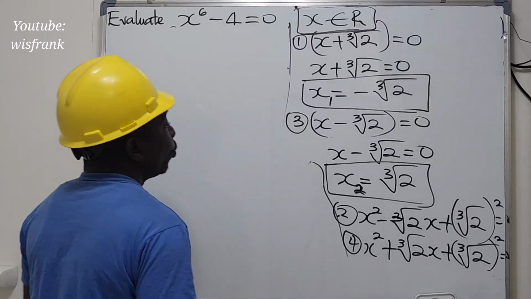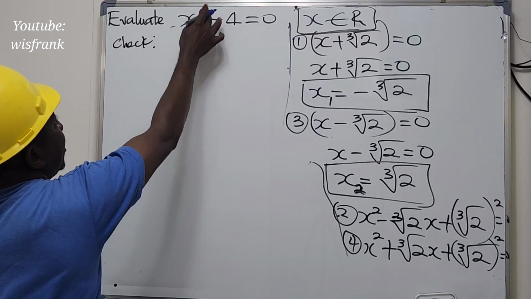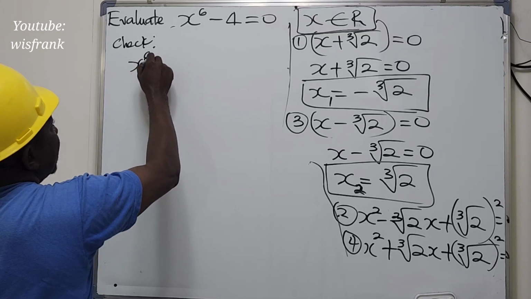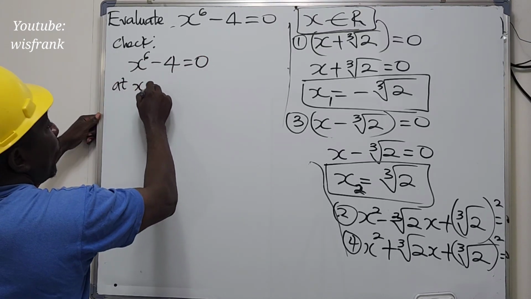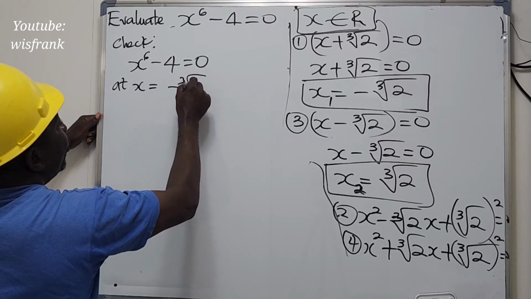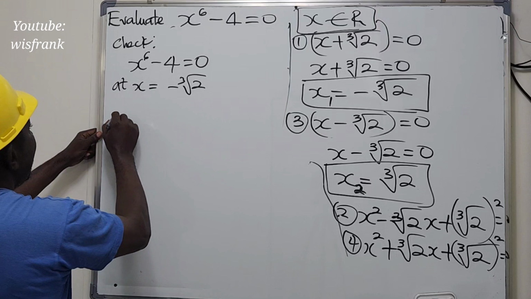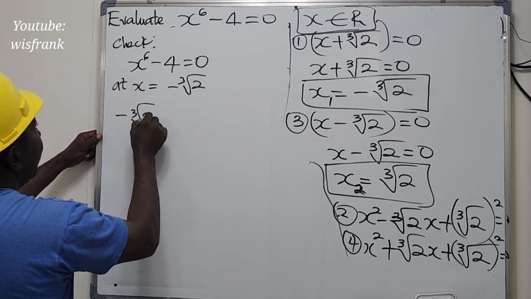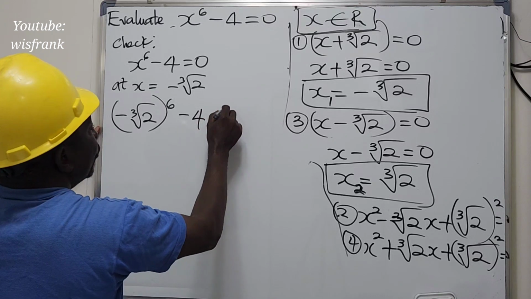So here we say we're going to do a little check for us to see from this solution. We have x to the power of 6 minus 4 equals to 0 at x equals minus cube root of 2. So here this is the same thing as having minus cube root of 2 all to the power of 6 minus 4 equals to 0.